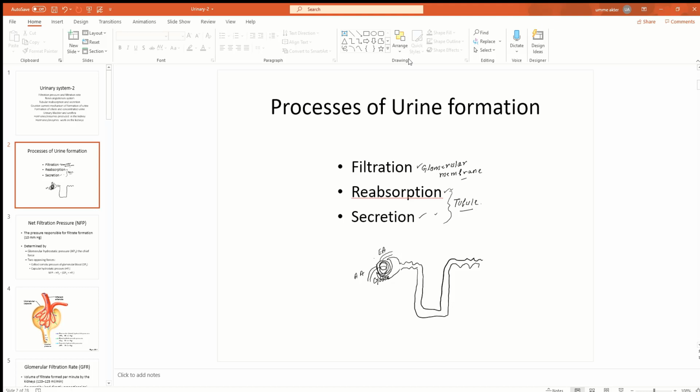And then distal convoluted tubule drains the urine or fluid into the collecting duct. So this is a nephron, and first part is the Bowman's capsule.